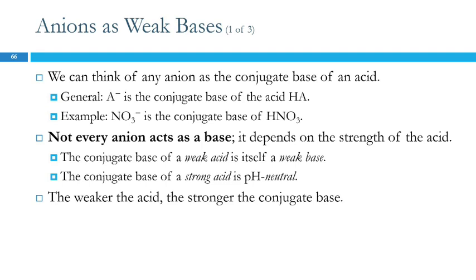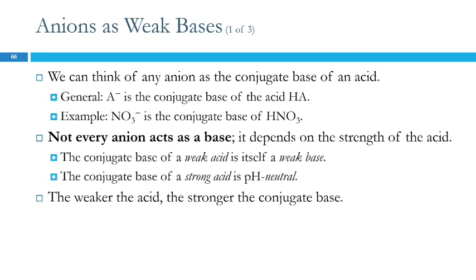Not every anion can act as a base, even though we could think of it that way. We could say, well, this is the conjugate base of that. But it's not necessarily going to act like a base, practically speaking. It depends on how strong the acid is.